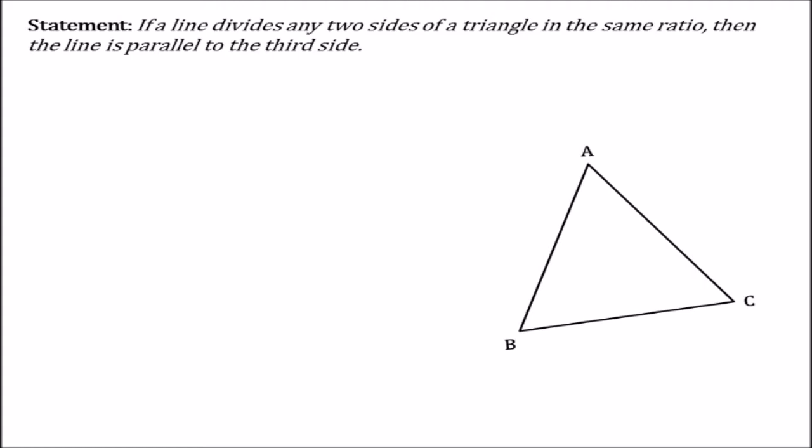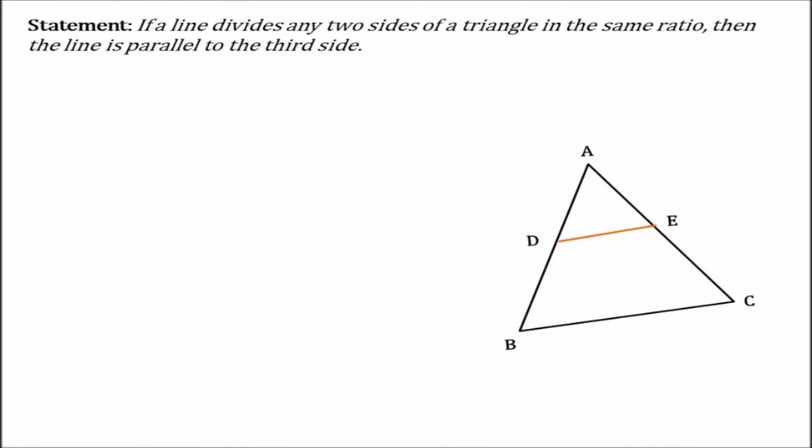So let's consider a triangle ABC, and as per the statement, we have a line which is dividing two sides of this triangle ABC. Here, line DE is dividing the two sides of the triangle ABC, AB and AC, in the same ratio, as AD by DB equals AE by EC.